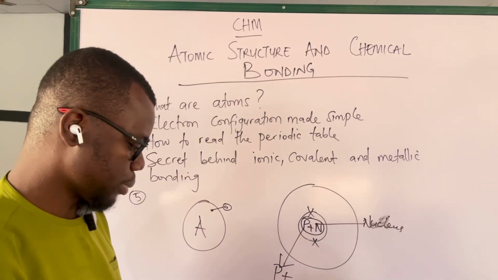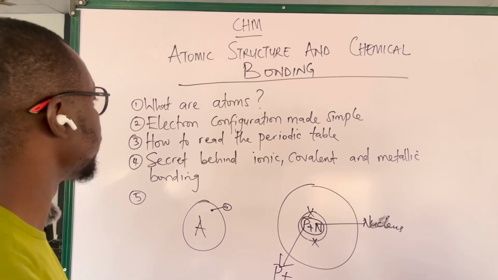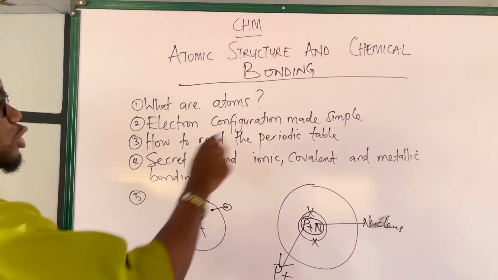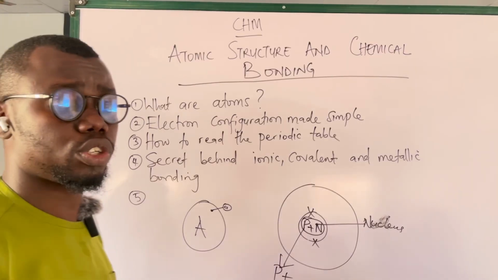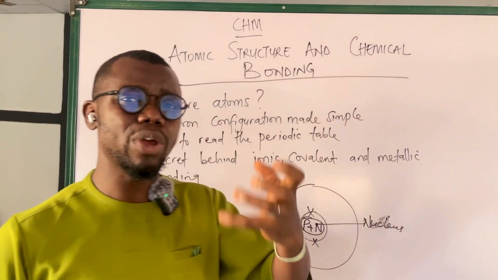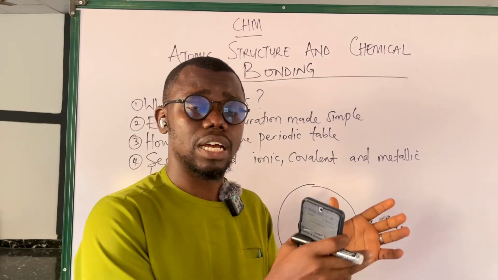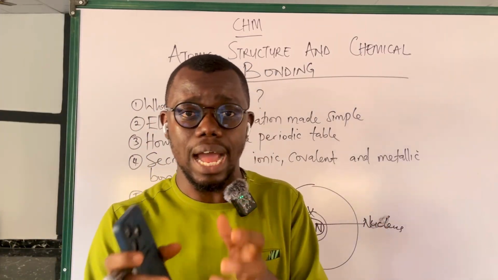Another thing we're going to be looking at is your atomic number, and what electronic configuration is. Electronic configuration is basically a way of representing elements, for you to be able to differentiate all your different elements.